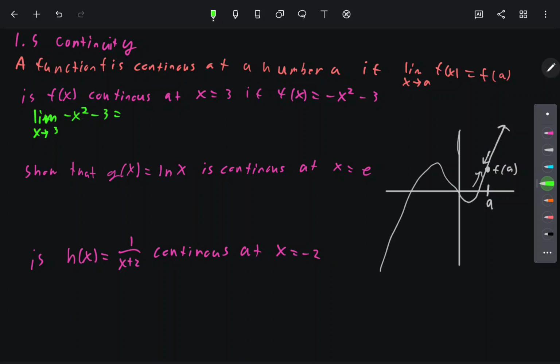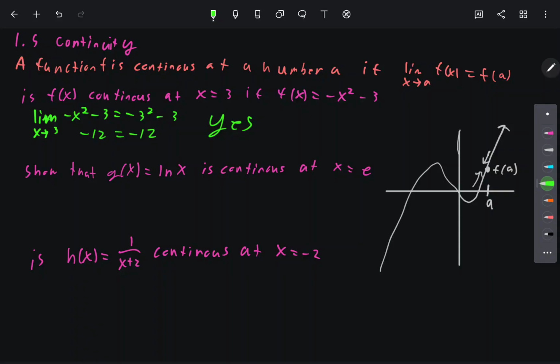And we want to see if that's equal to negative 3 squared minus 3. Well, this is going to give us negative 9, so negative 12. Let's use direct substitution over here, and we also get negative 12, so the answer is yes.